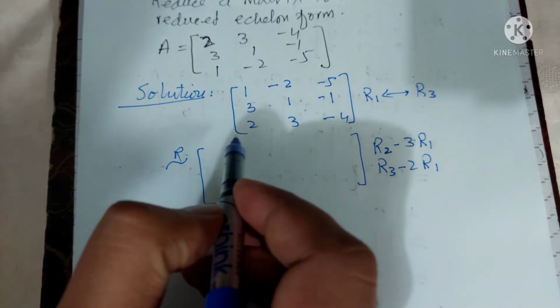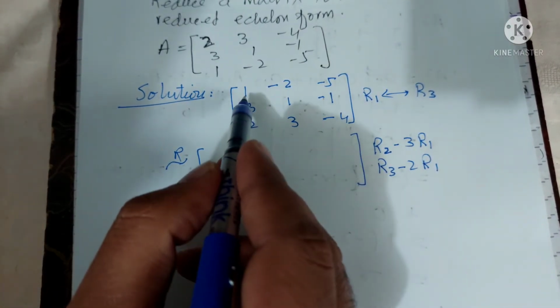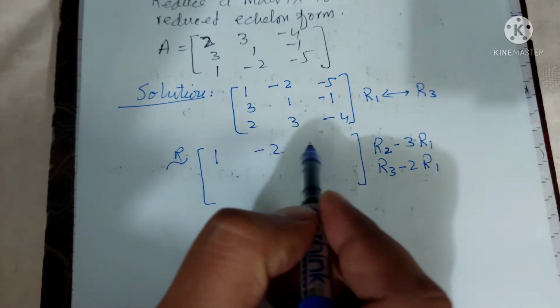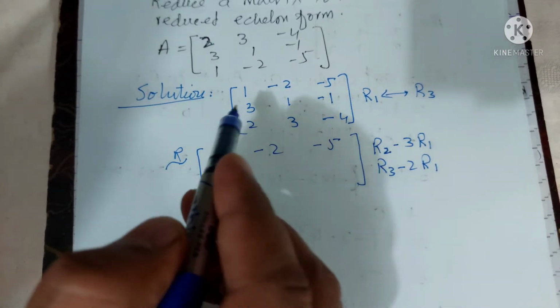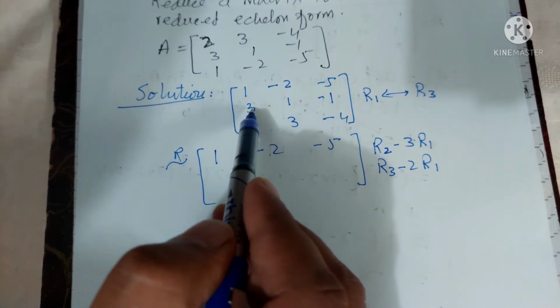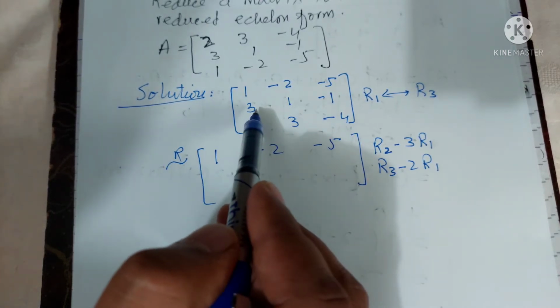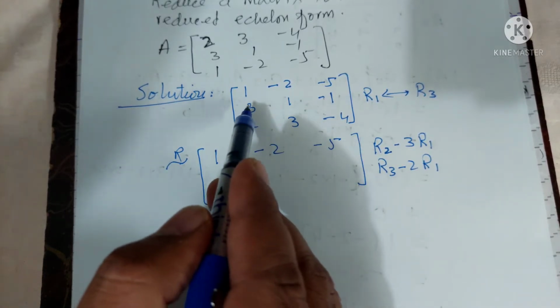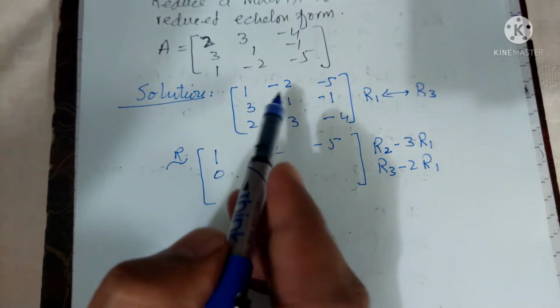Okay, so there is no change in the first row, so we will write the first row as it is, 1, minus 2, minus 5. And now we have to multiply 3 with every element of row 1, and then subtract the product from the corresponding element of row 2, right? So 3 times 1 is 3, and 3 minus 3 is 0.